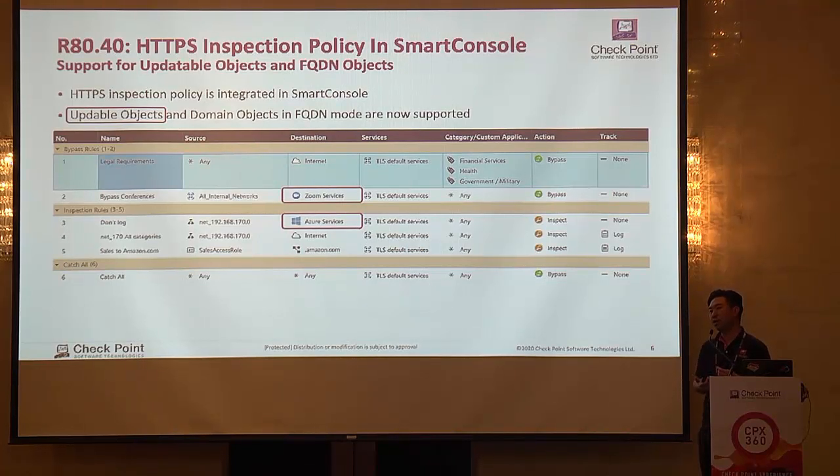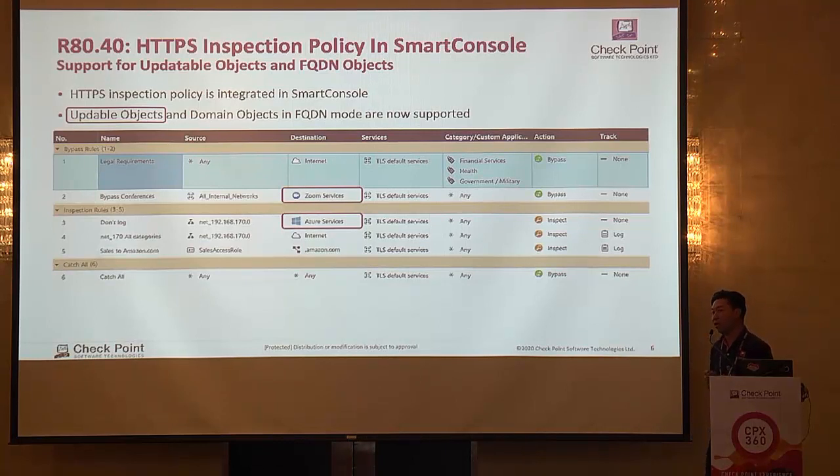When Microsoft updates the IP list or URIs in the database, they have a page to tell the user the latest IP addresses they are using. We get that data and automatically update the object, and once the gateway uses the object, there is no manual effort. Everything is updated automatically.